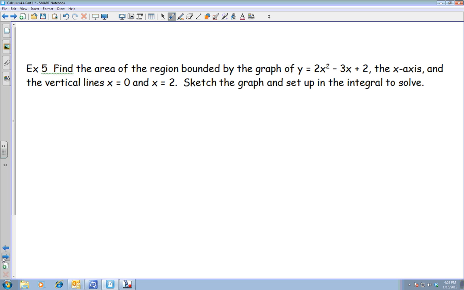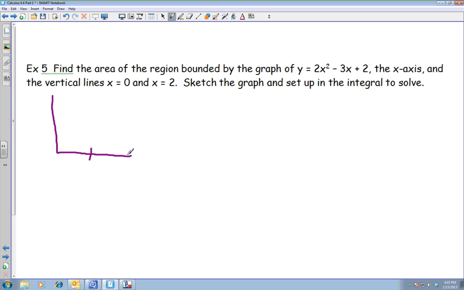All right, last one. Find the area of the region bounded by the graph of the x-axis and the vertical lines x equals 0 and x equals 2. Sketch the graph and set up the integral to solve. So I don't have my calculator on here, but if we graph this, 2x squared minus 3x plus 2, I'm just going from 0 to 2. Okay, this is going to look something like this.